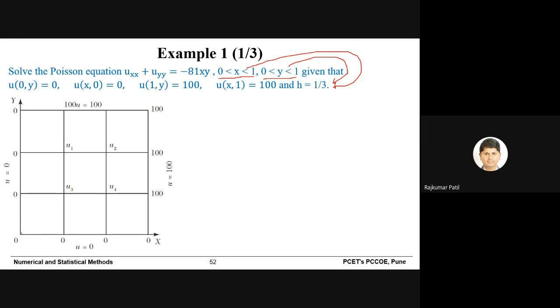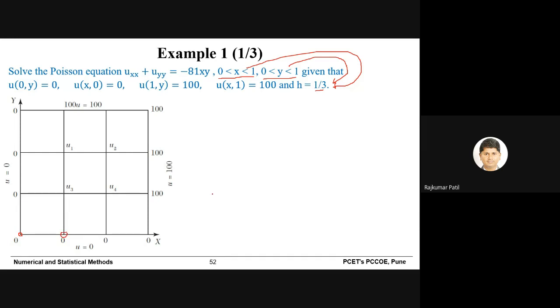So you can see here, let's say this is the starting point, then plus h. So x0 is 0, x1 will be x0 plus h, which is 1 by 3. So let's say this is the second point.